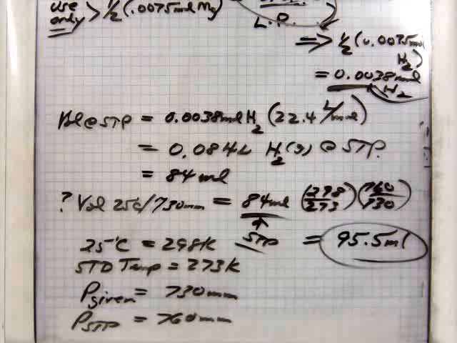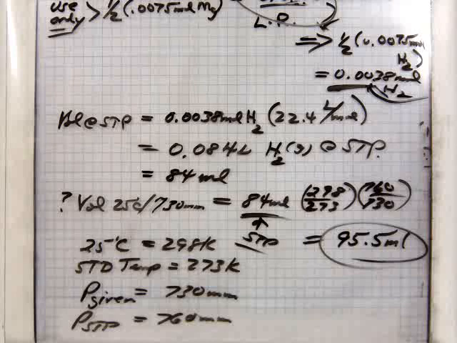And all I did was convert the given data to moles and first went to the standard and then adjusted the standard to non-standard by using ratios of the temperature values and ratio of the pressure values that would adjust the volume in the appropriate direction, increase it or decrease it, based on the law.